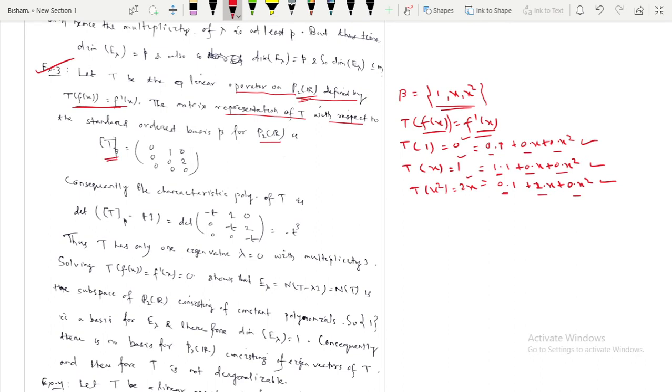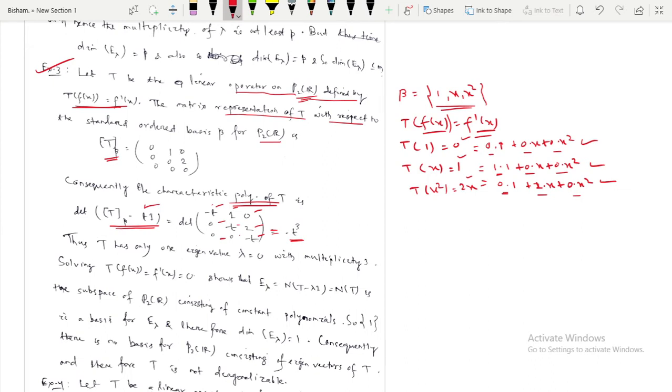After finding this matrix, you can find the characteristic polynomial associated with this transformation T, which is the determinant of T minus lambda I. From the diagonal element you just subtract T. Whatever we did before is A minus lambda I or T minus lambda I, and here I am using the variable T. So this will be 0 minus T. From the diagonal element you just subtract T. So this will be minus T, 1, 0, then 0, minus T, 2, 0, 0, minus T, and its determinant is minus T cube.